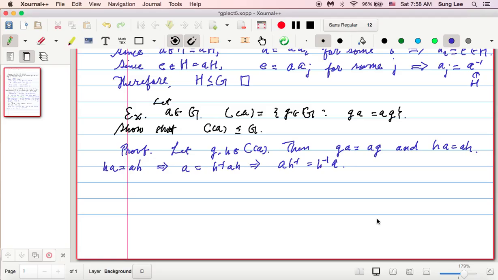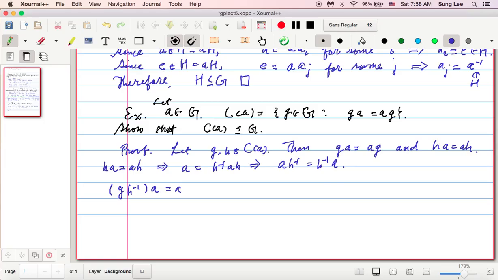So what I actually tried to do is the following. I picked the two elements, so now let's show that GH inverse commutes with A.